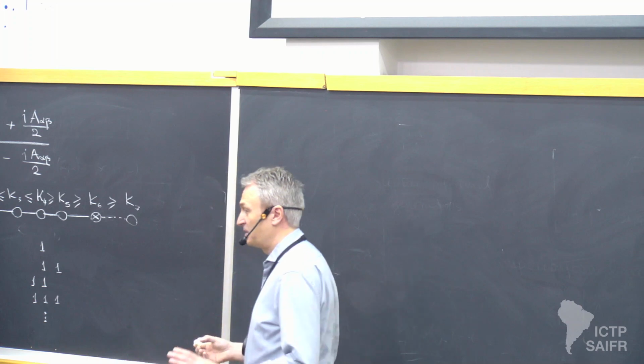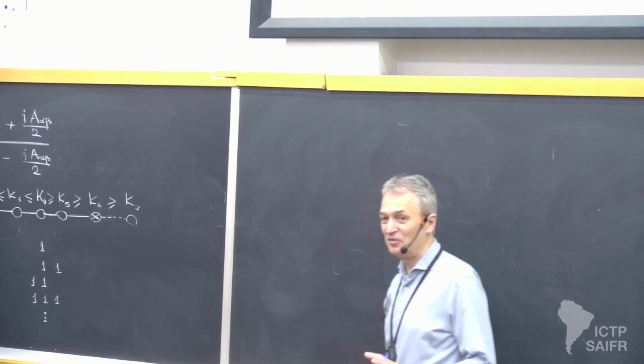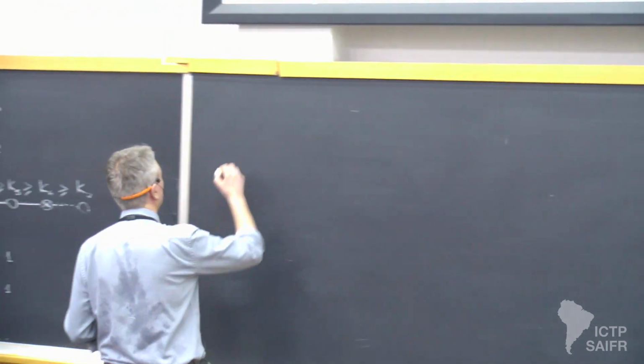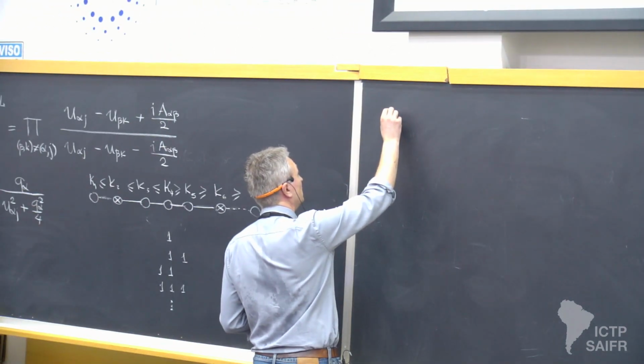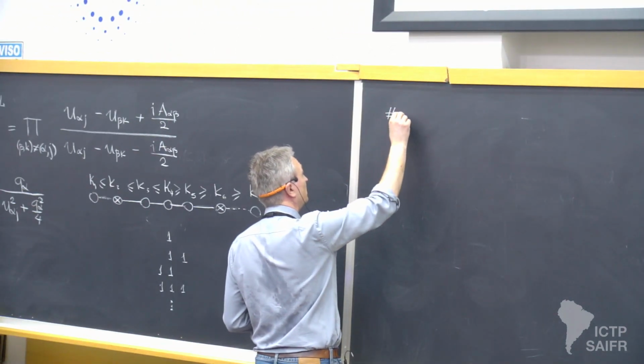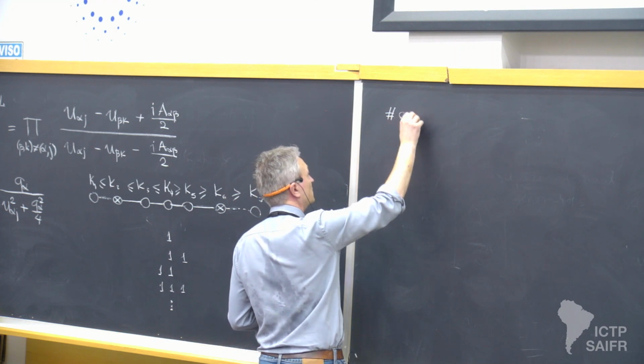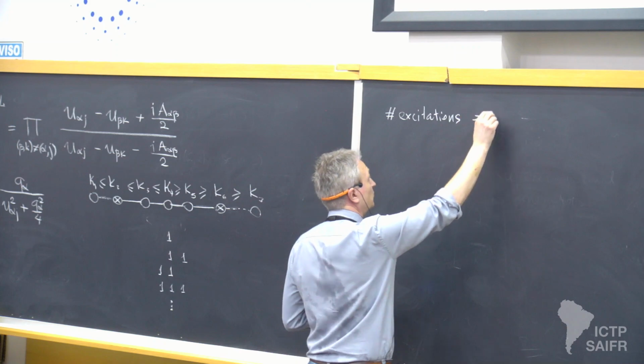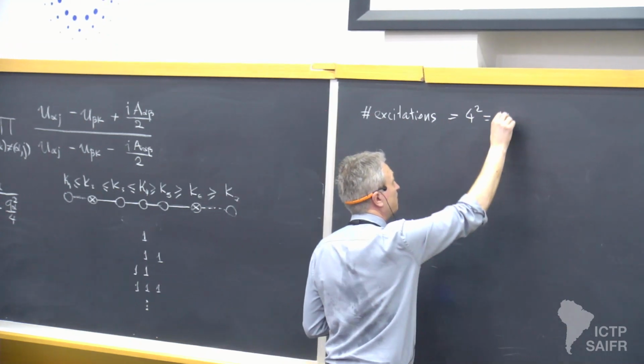So let me just claim the answer. Once I write it down, you will probably see how it arises. The claim is that the number of excitations is equal to 4 squared, which is 16.